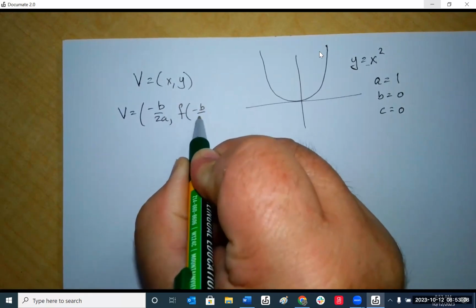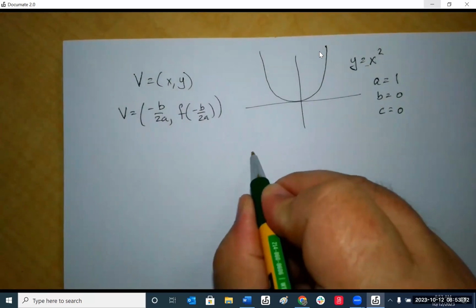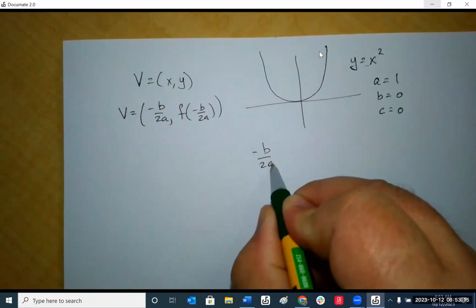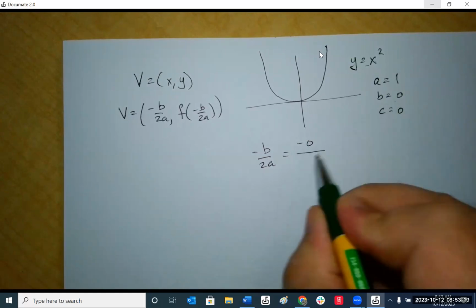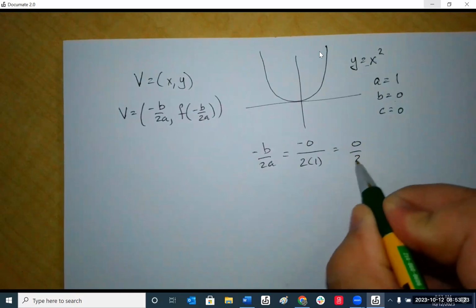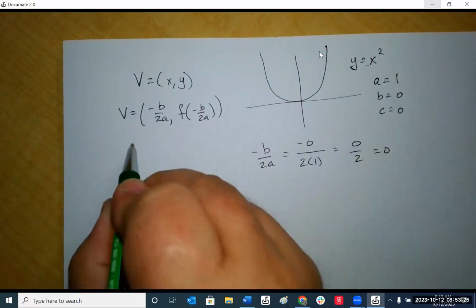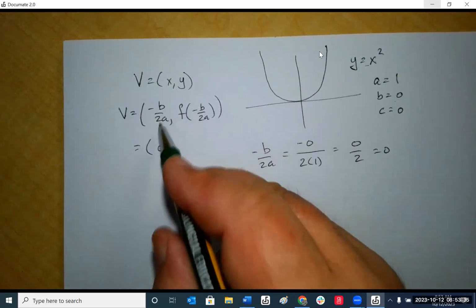So when we solve negative B over 2A, we get negative 0 over 2 times 1. 0 over 2 is 0. That's how you find the x value.